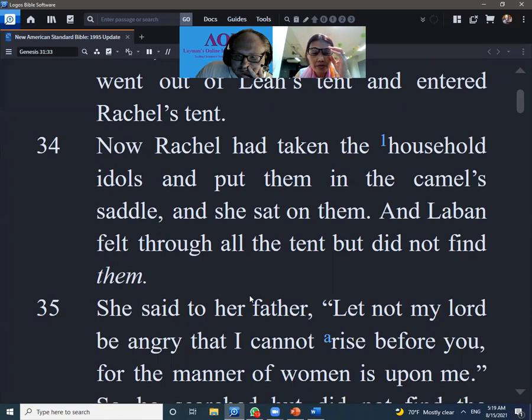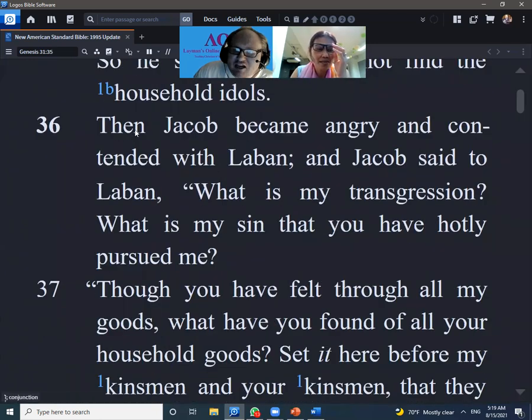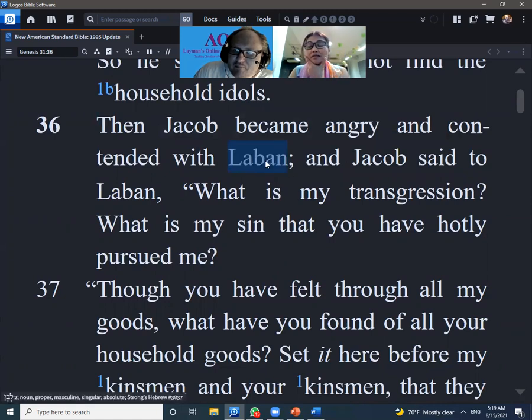She said to her father, who is she? She is Rachel. Let not my lord be angry that I cannot rise before you. Oh, because she's sitting on the idols. For the manner of women is upon me. So he searched but did not find the household idols. Okay, got you. That's why Jacob is so mad. He's thinking that Laban is lying.